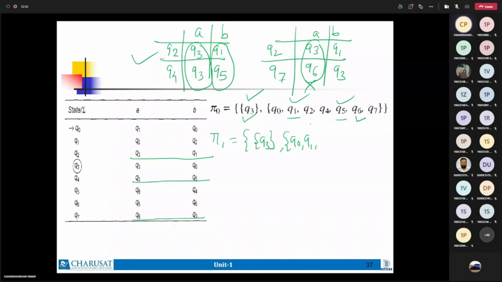Okay, I just write down it. So Q2 is equivalent with Q4 only, correct? Yes.